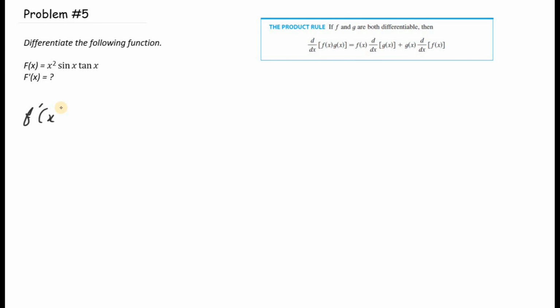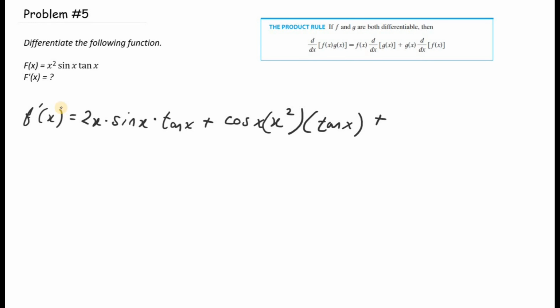f prime of x is equal to the derivative of the first function, which gives you 2x, times the other 2 functions, which gives you sine of x times tan of x, plus the derivative of the second function, which gives you cosine of x, times the first function, times the third function, tan of x, plus the derivative of the third function for tan of x.